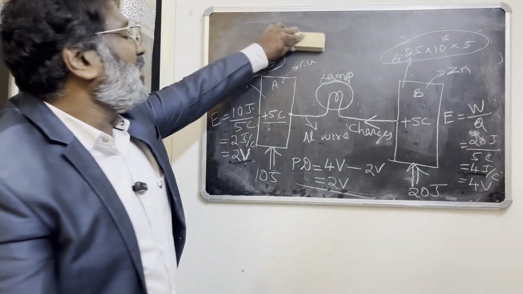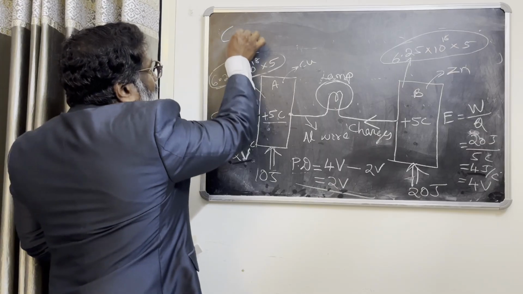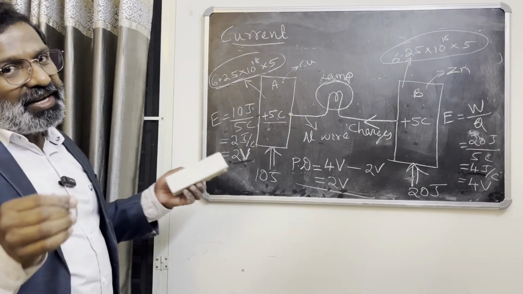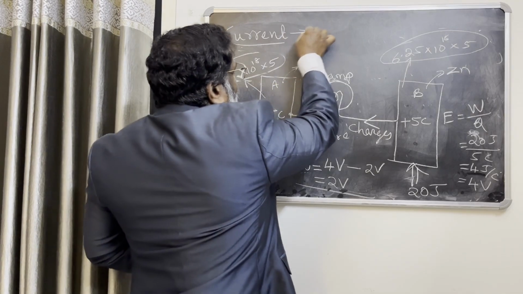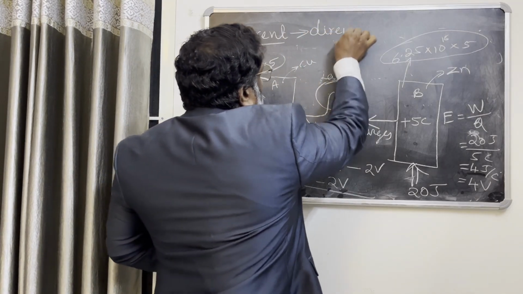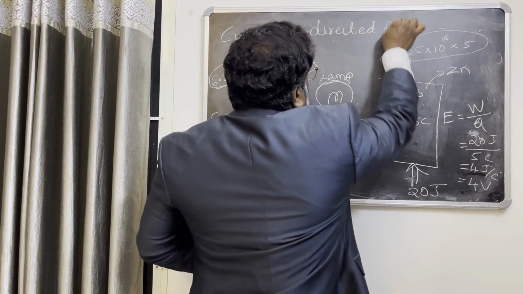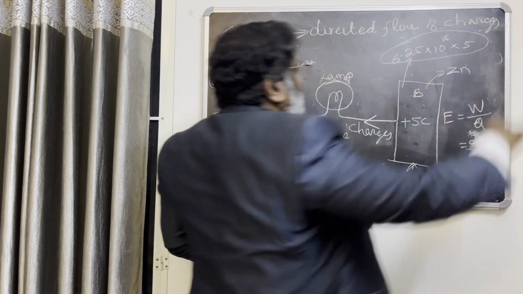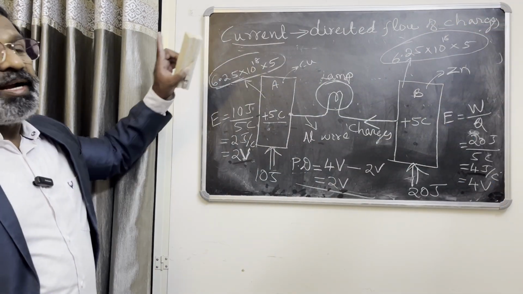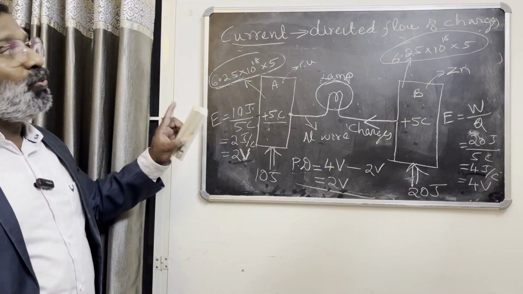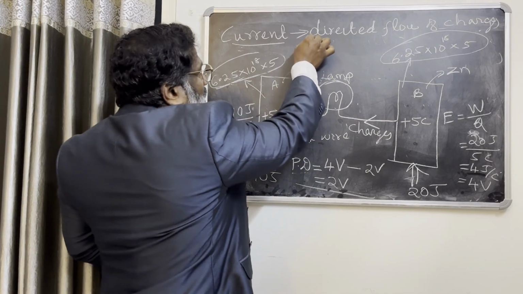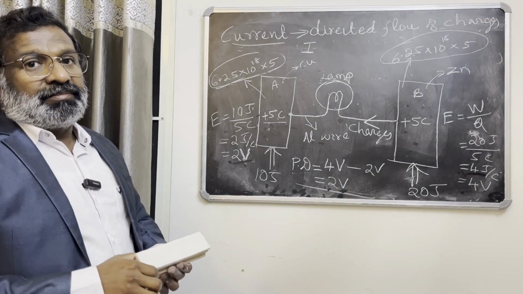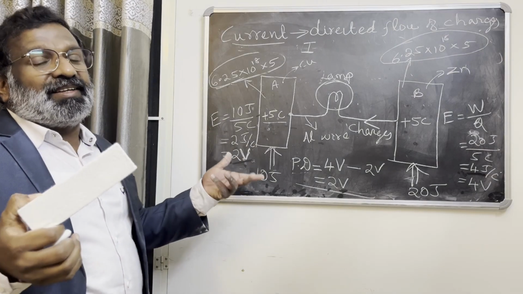So we are coming to the next thing, current. So what is current now? Directed flow of charges. The current is directed flow of charges. How will you denote current? Current is denoted using the letter I. How will you define current?